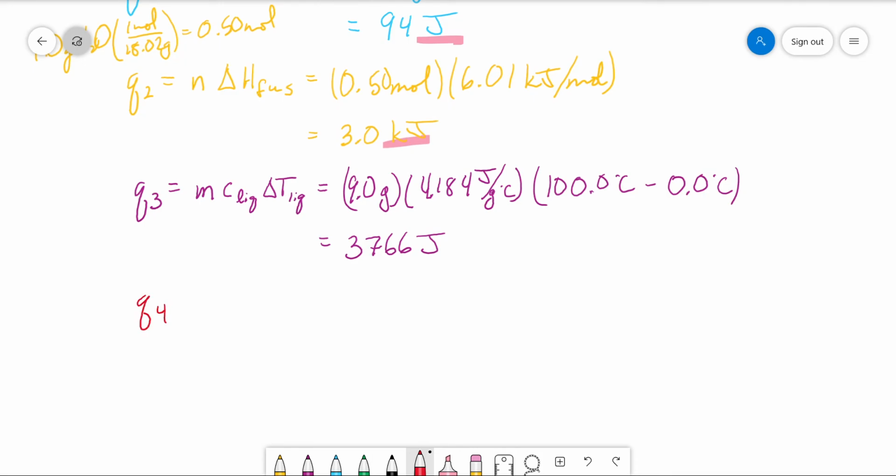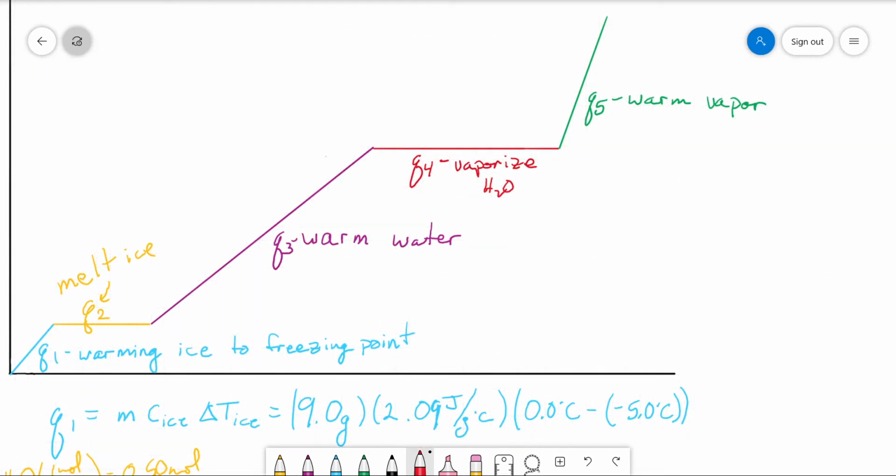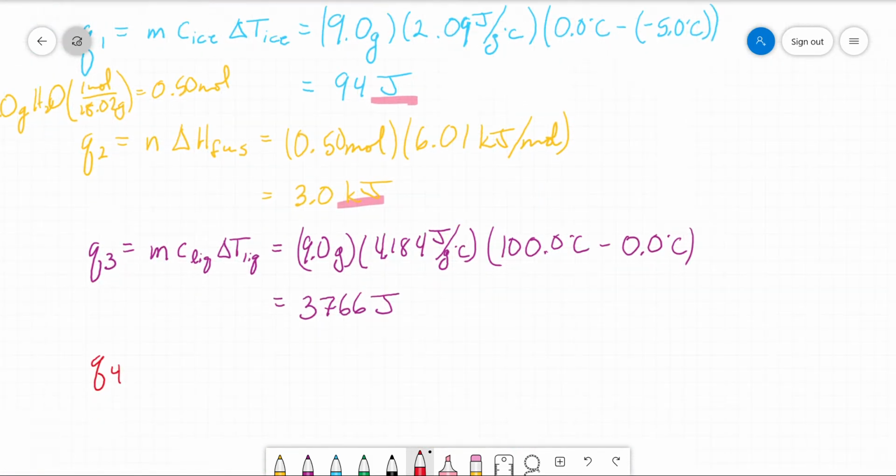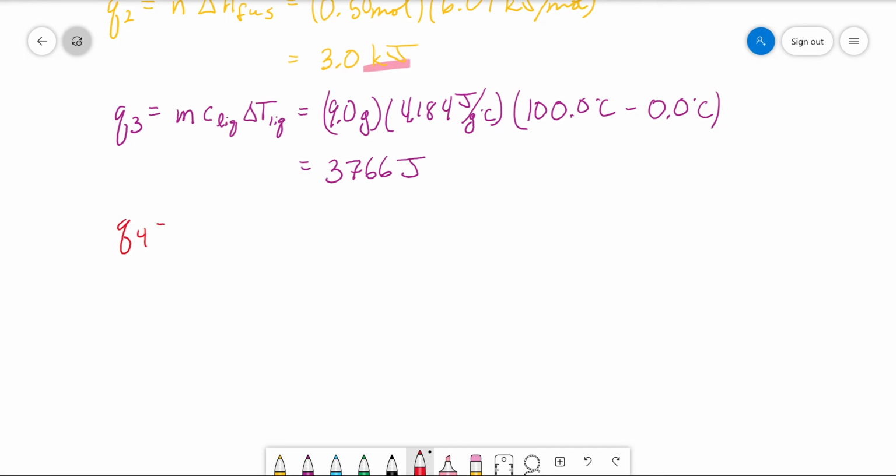Q4, we need to vaporize the water. There's no change in temperature, so we know we need to use n times delta H, this time of vaporization. If you used Q equals MC delta T here, you'd get 0 for a delta T because it starts at 100 and ends at 100.